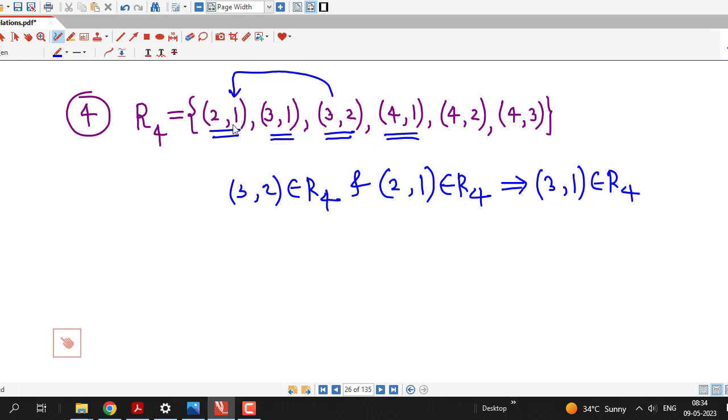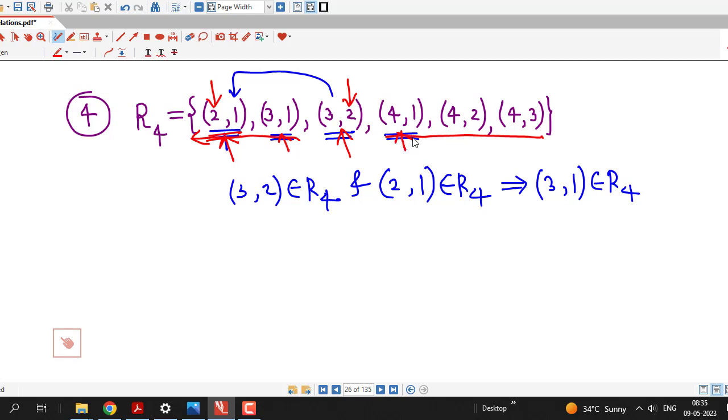Whenever we check for every pair, we have to keep in mind that we are not missing any pair. Here the second component is 1, so I have to check that there is no pair whose first component is 1. Then same thing for here. The second component is 2, so there is no pair here whose first component is 2, but here also we have to check. So here we obtain one pair whose first component is 2 and this must imply (3,1) belongs to R4, that is fine.